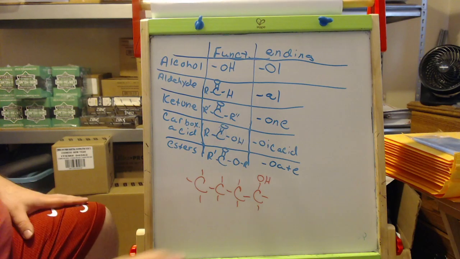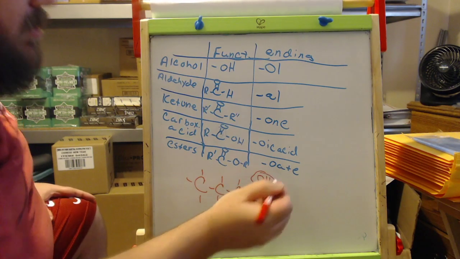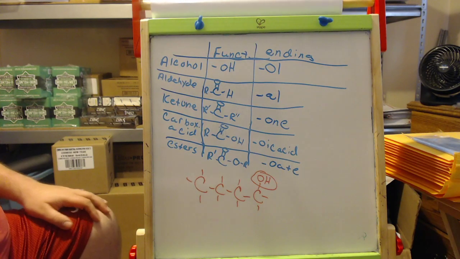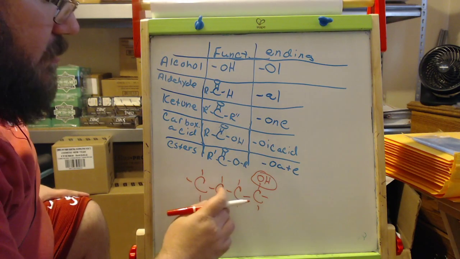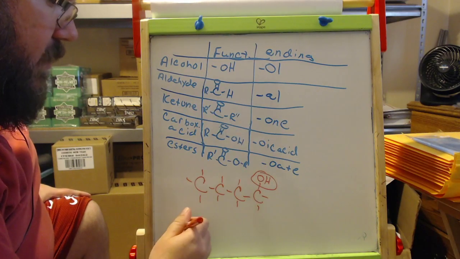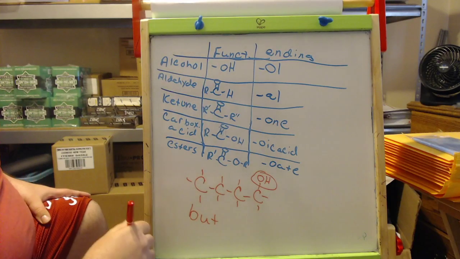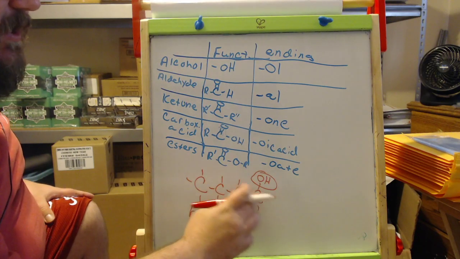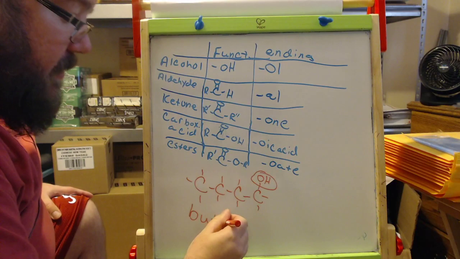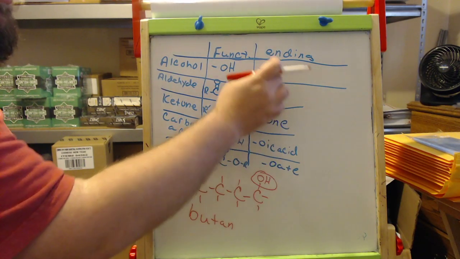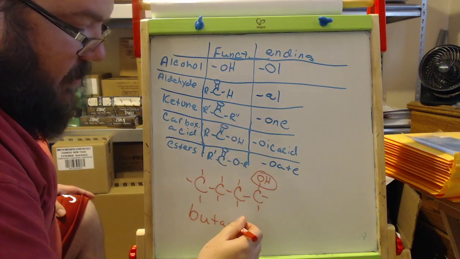Okay. This is an alcohol. I know it's an alcohol because it has that OH on it. It's no longer a hydrocarbon. But the rules stay the same. Count your longest carbon chain. 1, 2, 3, 4. Okay, so the prefix for 4 is but. All of them are single bonded carbon to carbon to carbon, so our middle is AN. And since I'm an alcohol, I look at my endings, and it becomes butanol.